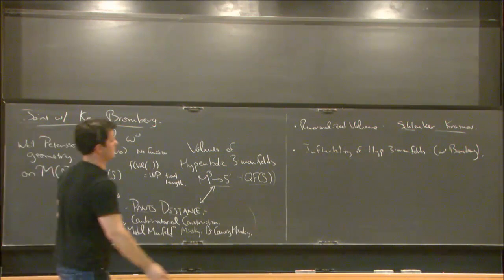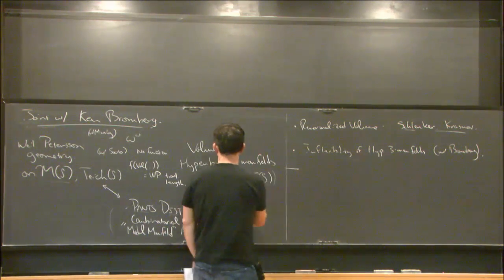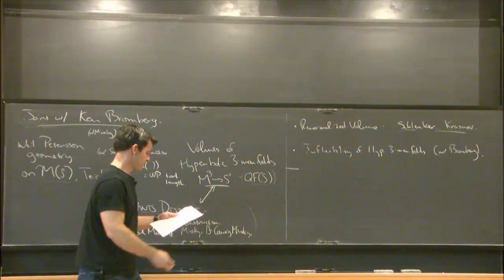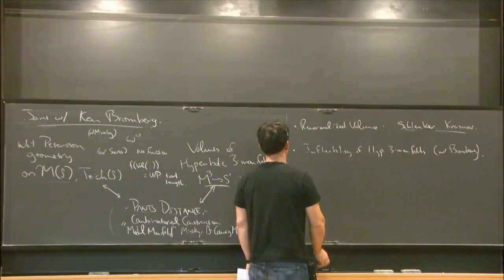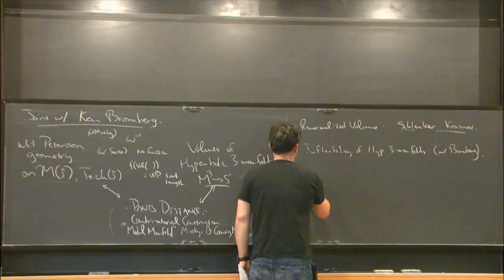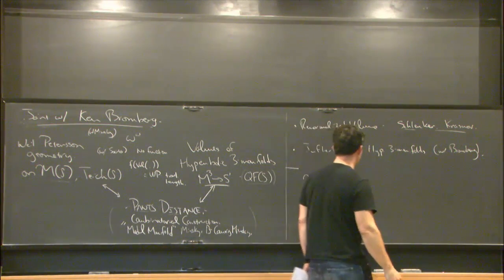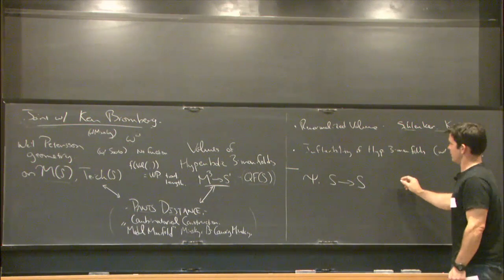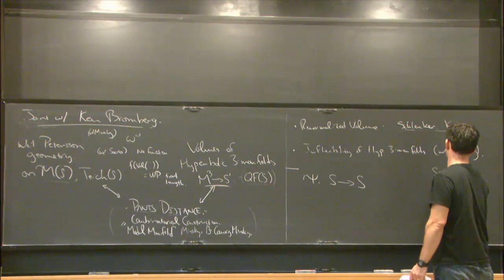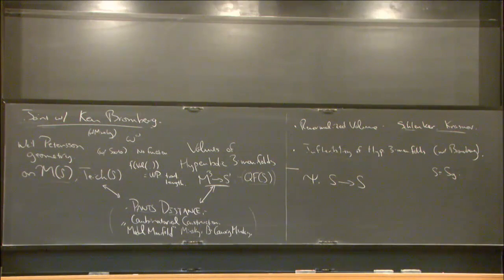Let me give you the main context, which will really be these 3-manifolds that fiber over the circle, okay? So what we have is some surface diffeomorphism psi. S is a closed surface for now, of negative Euler characteristic, okay?